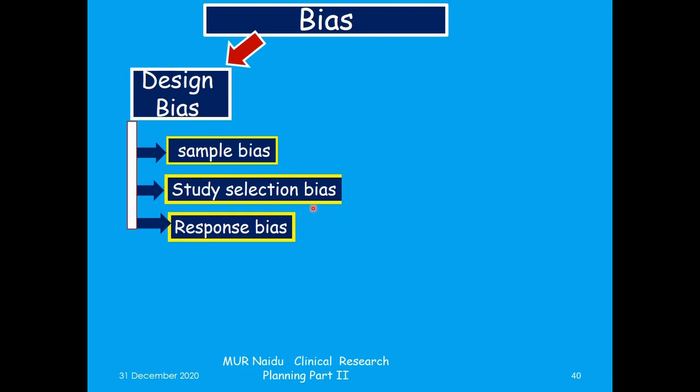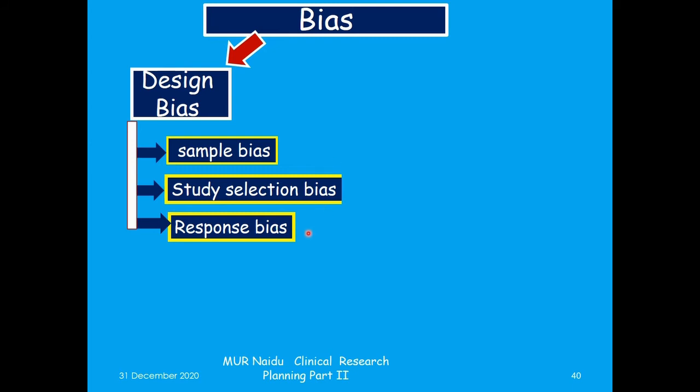And third is the response bias. Sometimes in a particular individual, there may be response bias because of various reasons, either some other infection or genetic variability. So there may be response bias in an individual. That is maybe in the case of design bias.